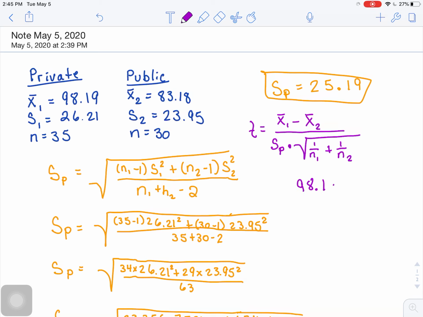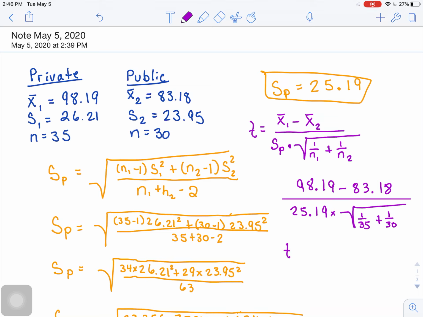We have the sample 1 average minus the sample 2 average, all divided by 25.19 times the square root of 1 over 35 plus 1 over 30. With the numerator, that will give you 15.01 when you find that difference.